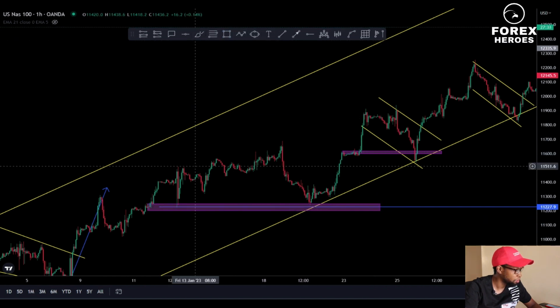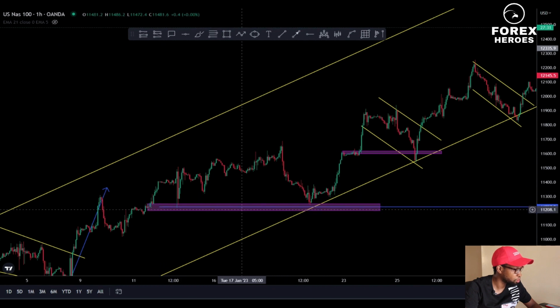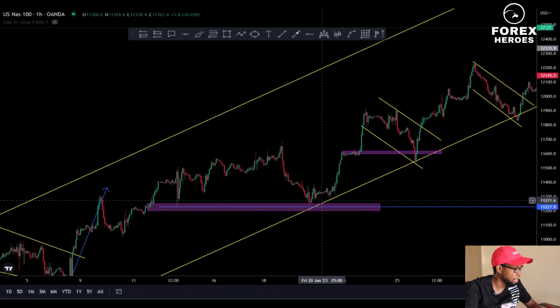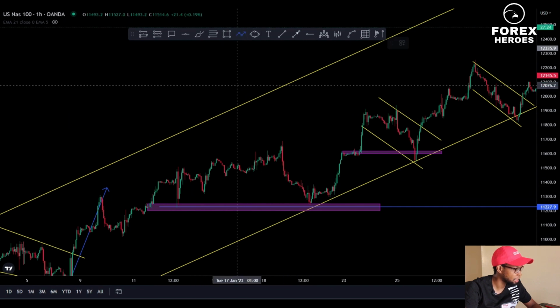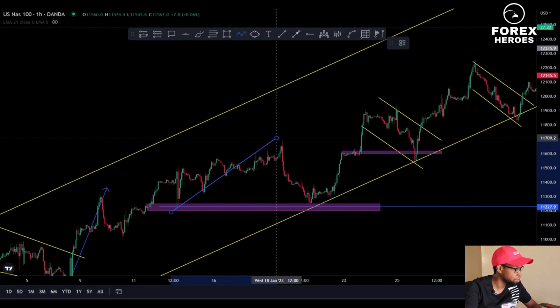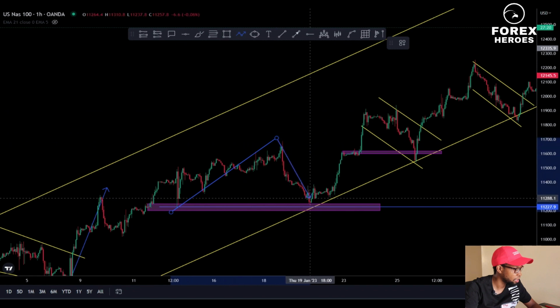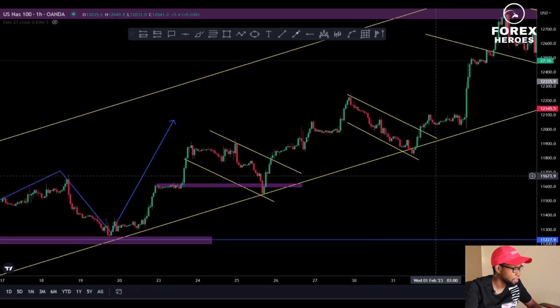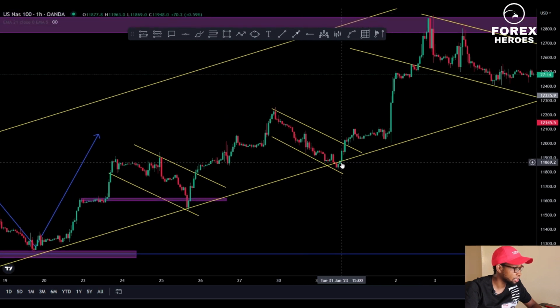Here we had what? A double bottom. So this gave us a double bottom pushing to the upside, coming here. Understand? Before it pushed what? Further to the upside.